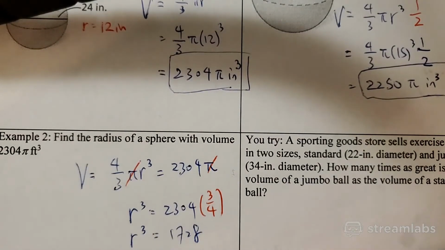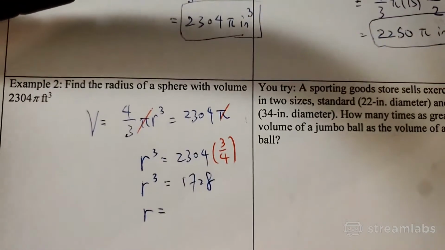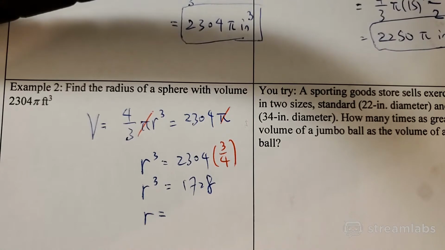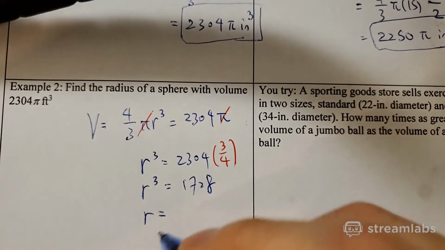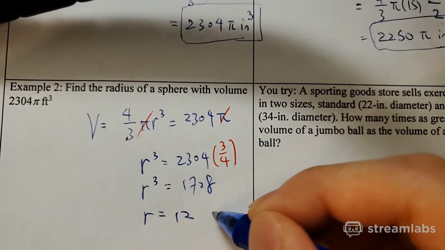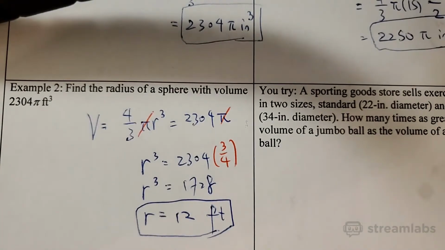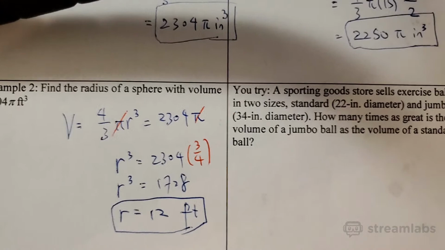So r is then the cube root of this. Cube root. So you get 12. And this is in feet cubed, so it's just feet. Okay. You try one.